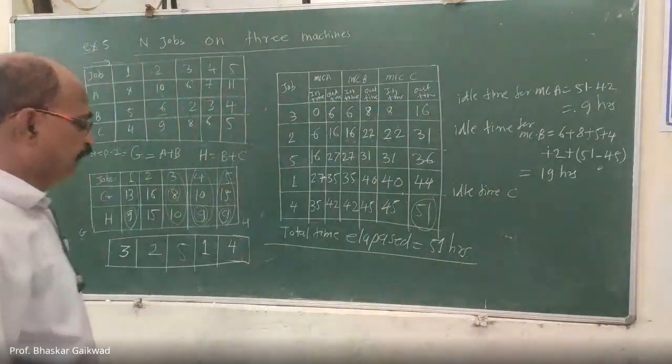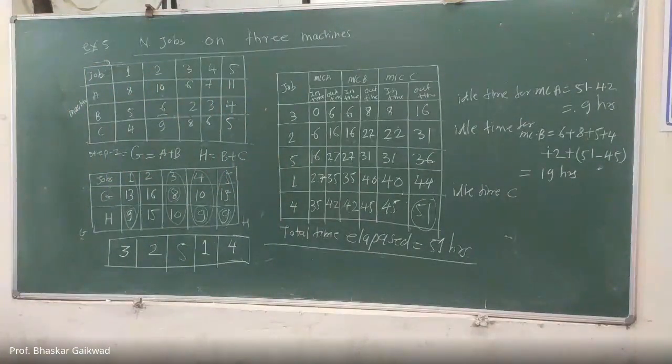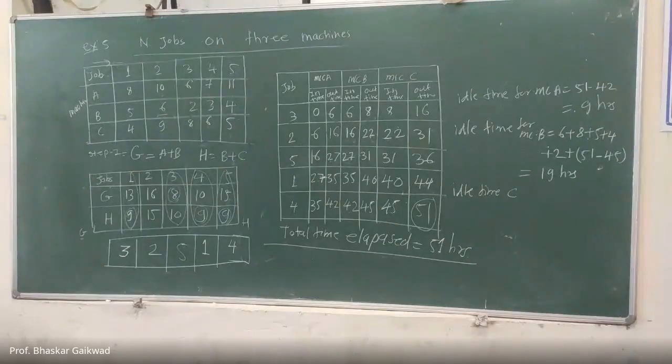Now we can go for idle times for C machine. What is the idle time for C machine? Calculate. Sir, that addition comes 31. Which one?